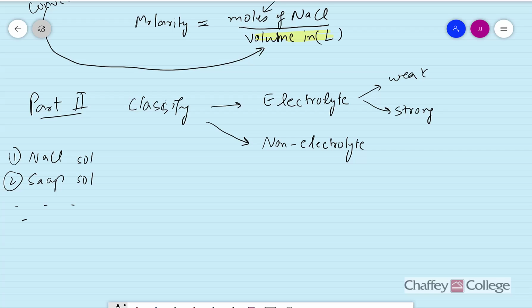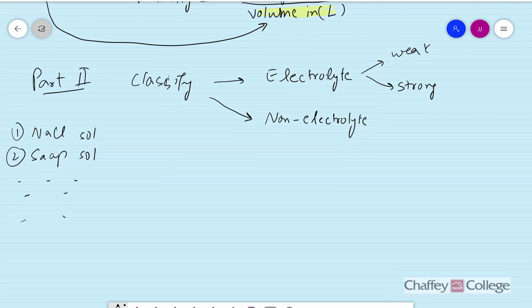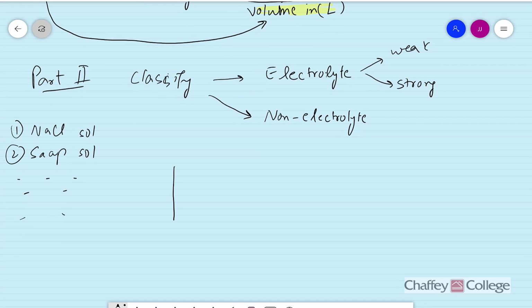All the solutions are listed there, and we will use an instrument which has a light source here, and then a power source here, and then electrodes are here.